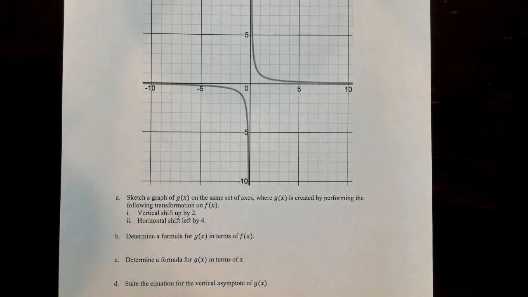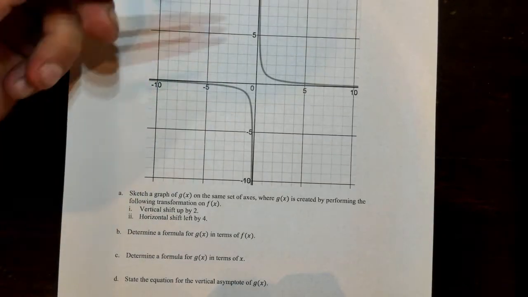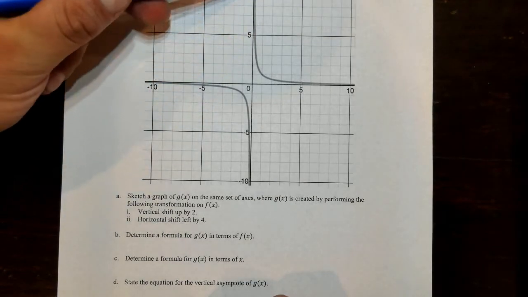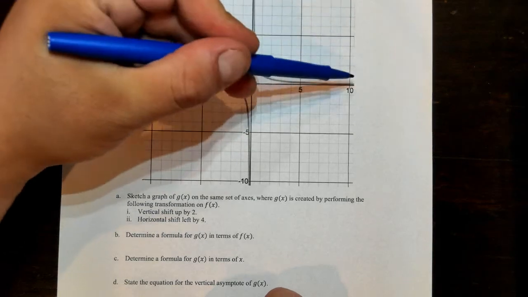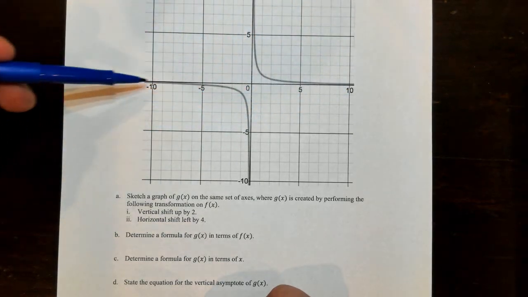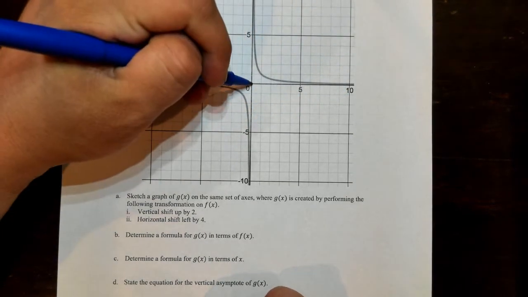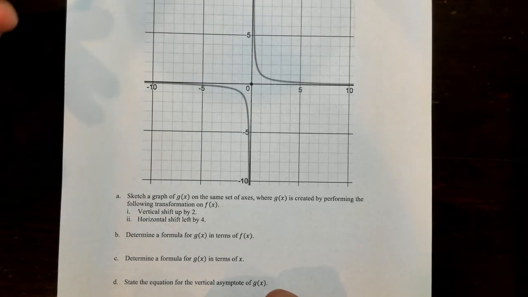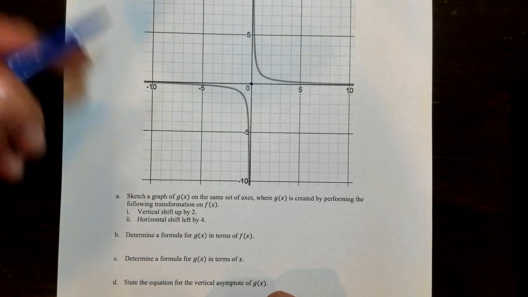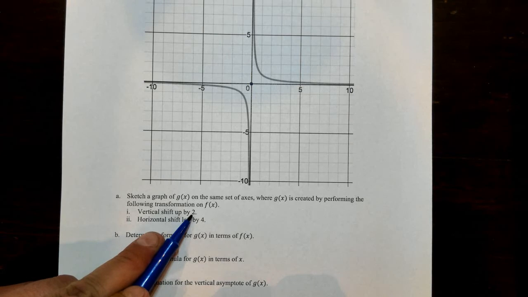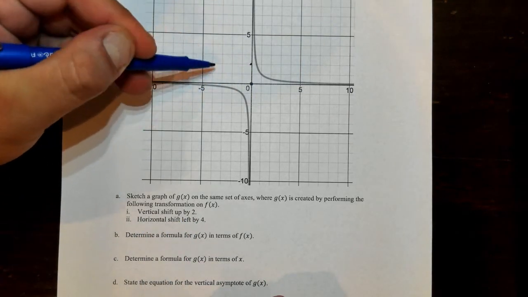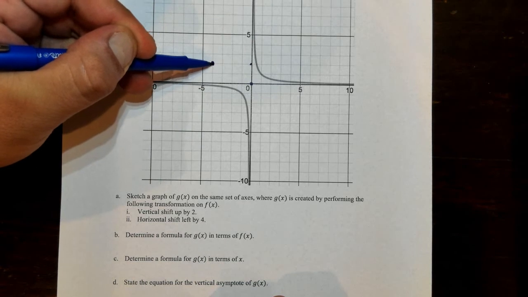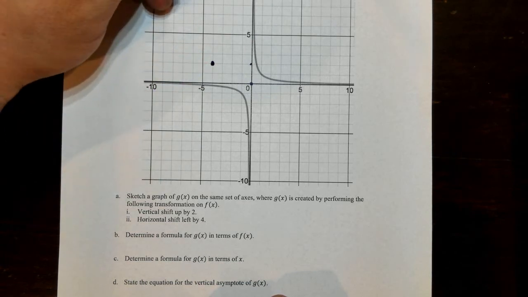So let's think here. The intersection of the two asymptotes, we have a vertical asymptote at x equals 0, and a horizontal asymptote at y equals 0. Their intersection point is at 0, 0. So let's shift it up 2 and to the left by 4. So we go up 2, left 4, and this is going to be our new intersection of our asymptotes.